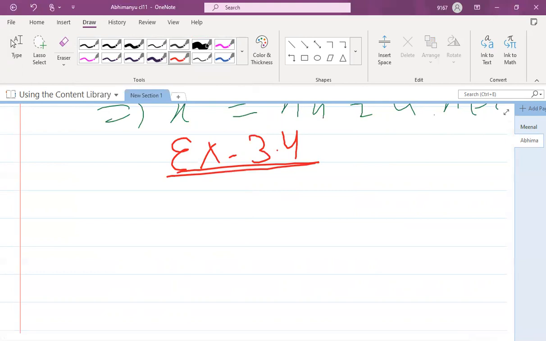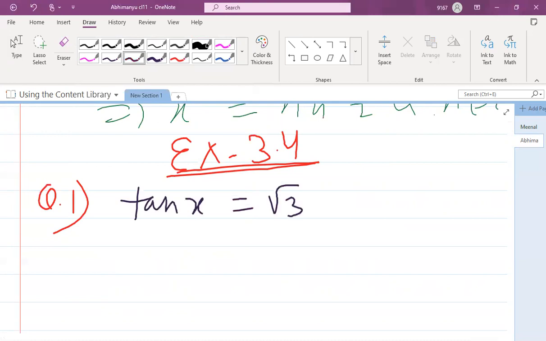Find the principal and general solution of the following equations. पहला क्वेश्चन लेते हैं. Question number 1. We have tan x equals root 3. Okay. So root 3, tan की कौन सी वैल्यू पर होता है? pi by 3 पर आता है.